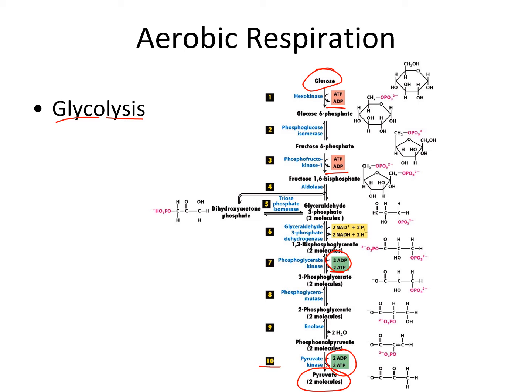But also it's going to generate some electron carriers. So that's NADH. So glycolysis is basically the process of splitting glucose from 1 molecule into 2 pyruvate molecules, and it will generate a net gain of 2 ATP and also 2 electron carriers, NADH.